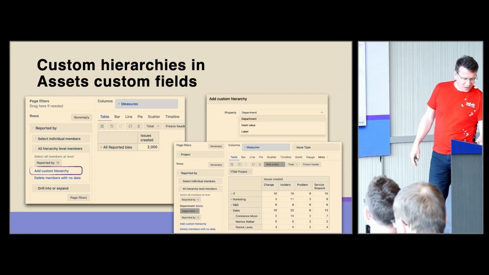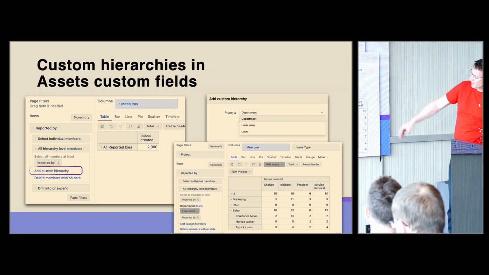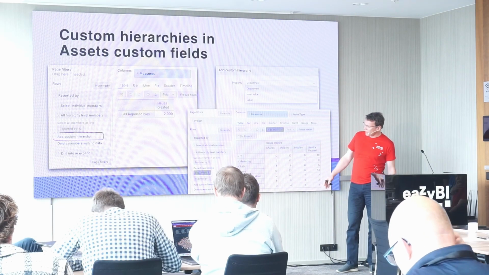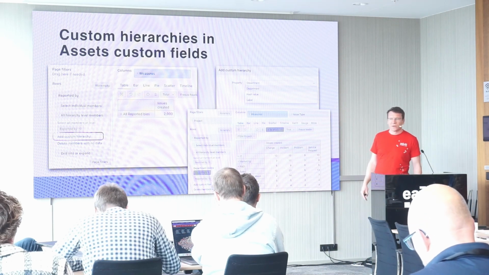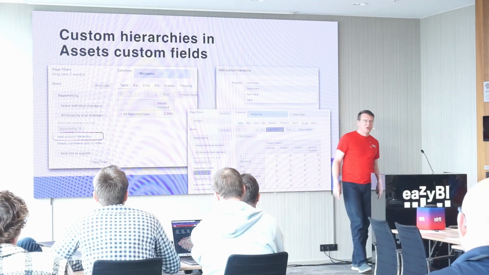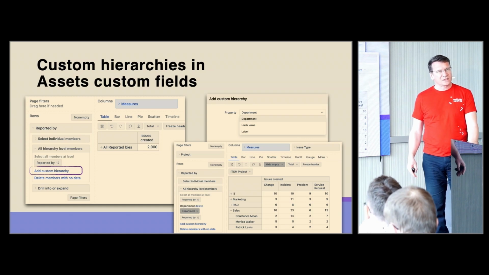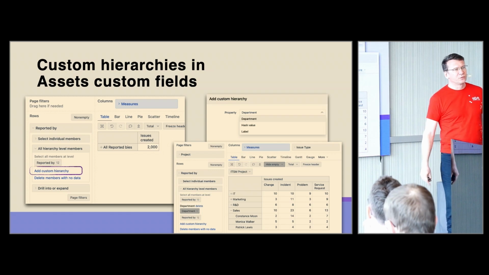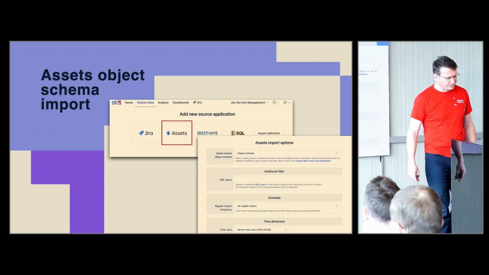We are just a couple of clicks away from creating a report where we can have the issue totals in this hierarchy where reporters are grouped in their departments. So we can see the hierarchy, also the department level, and also each user from that department. So that's the largest difference in how assets custom field can be utilized in the Jira Issues data cube.